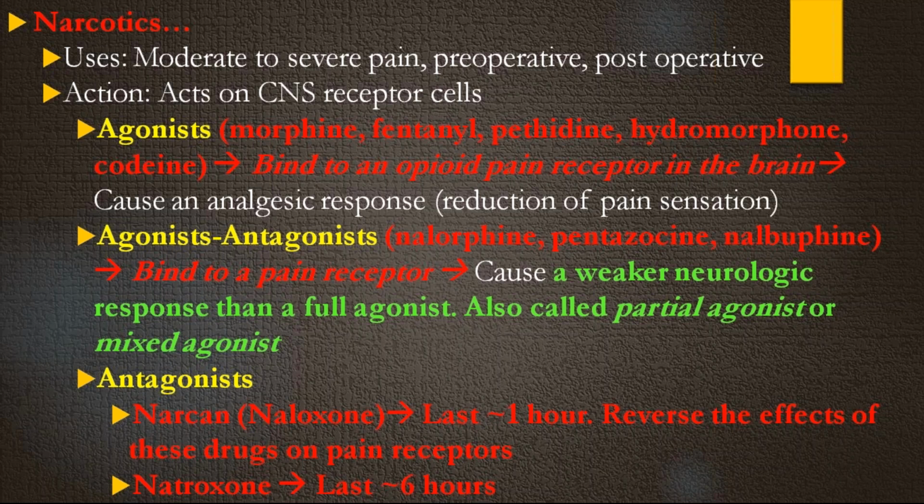This Vicodin, the combination of acetaminophen and hydrocodone, and there's also Percocet and Percodan, we have other medications, and remember this mnemonic, LUCI. Side effects of Vicodin and Percocet are L, lightheadedness, U, urinary retention, C, constipation, and I, itching. So the mnemonic is LUCI.